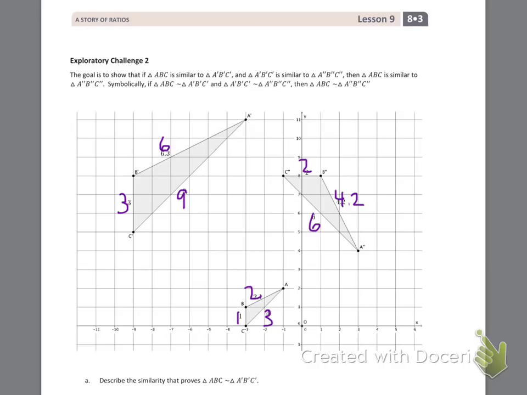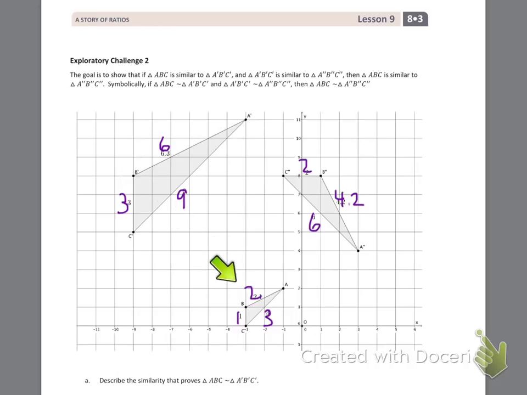Okay, our next exploratory challenge is going to get at whether similarity is transitive. So what we're going to do in part A in this diagram, you are going to show that triangle ABC is similar to A prime, B prime, C prime.